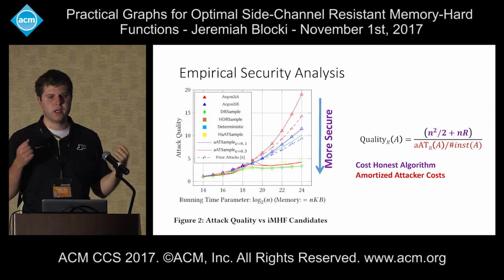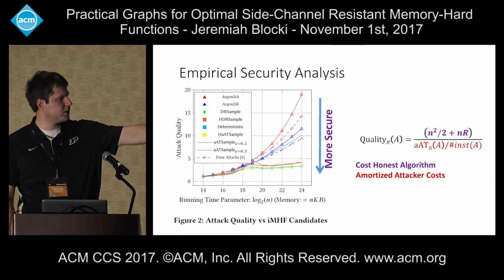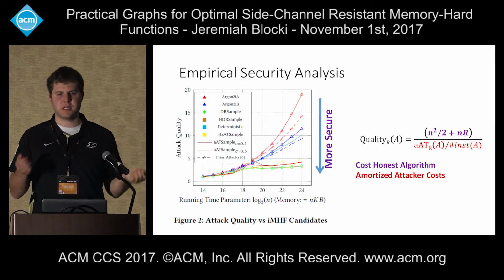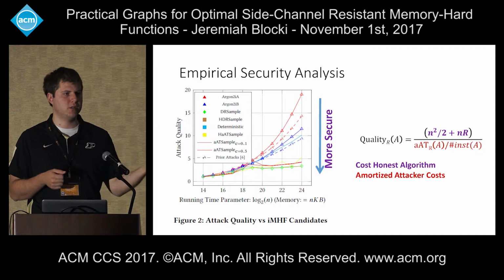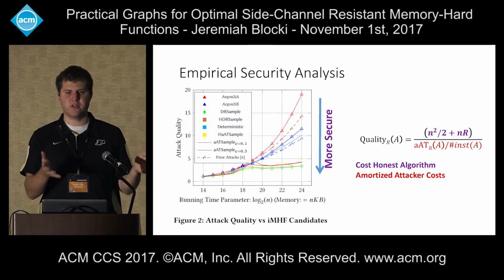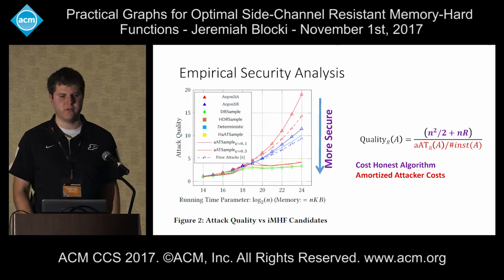So our construction really yields concrete improvement. I should also mention that this dotted red line is the previous best attack on Argon2iA or Argon2iB. So we also get improved attacks against both classes of graphs in comparison to previous state-of-the-art work.